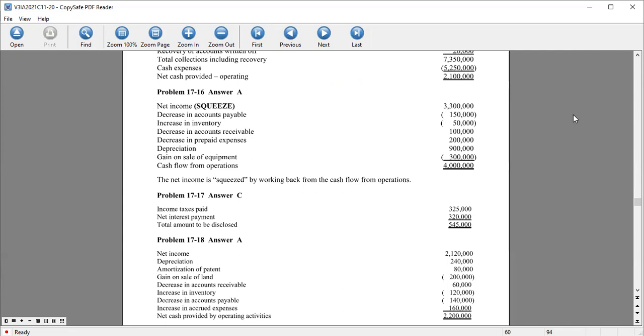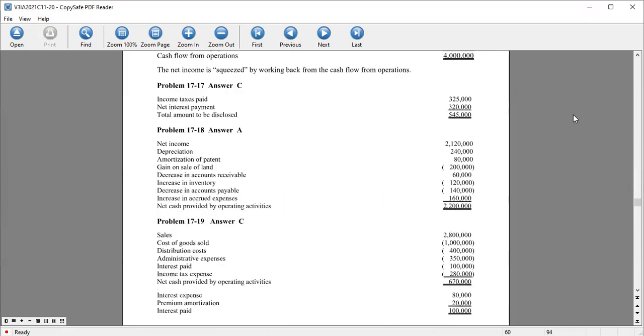So anyway, the solution in working back is that the negative signs we add and the positive signs we deduct, because we use the workback process. Now, next is number 16. The question is the amount of net income for the current year.